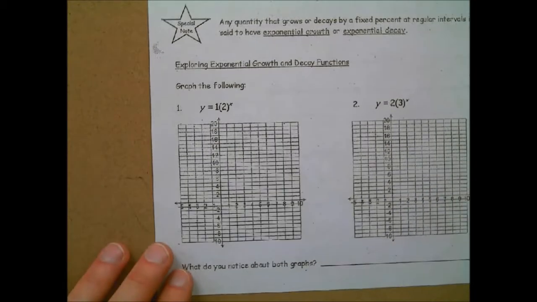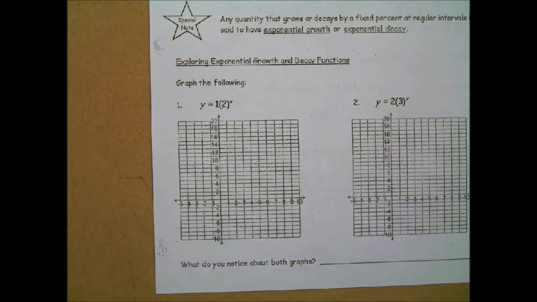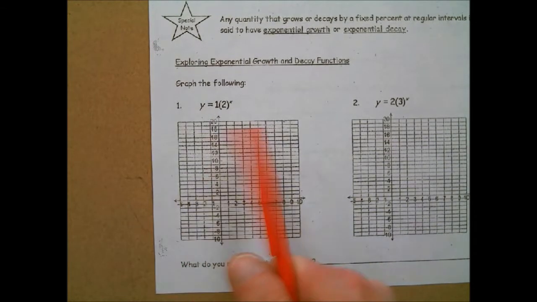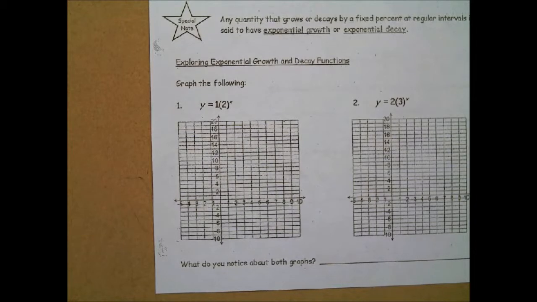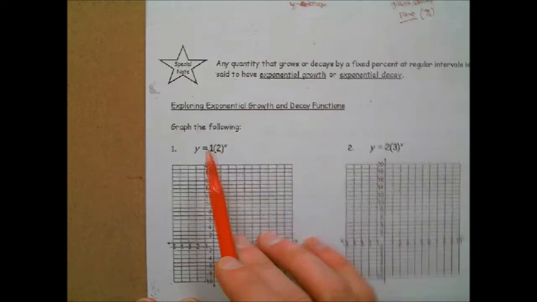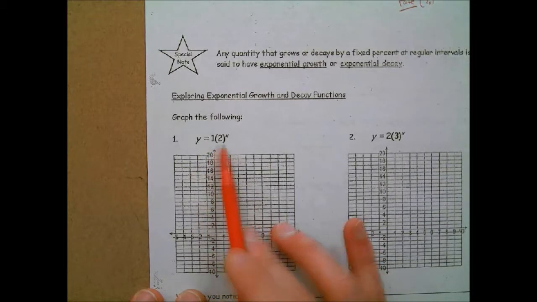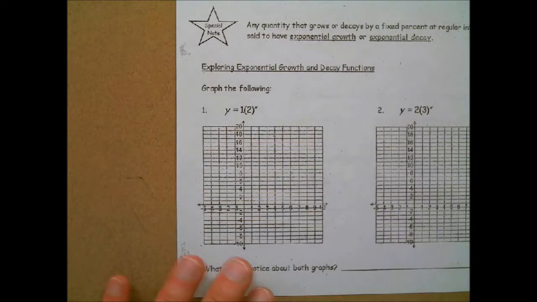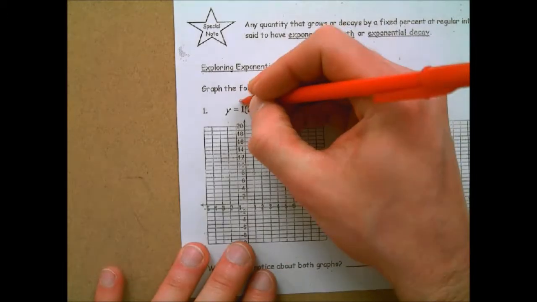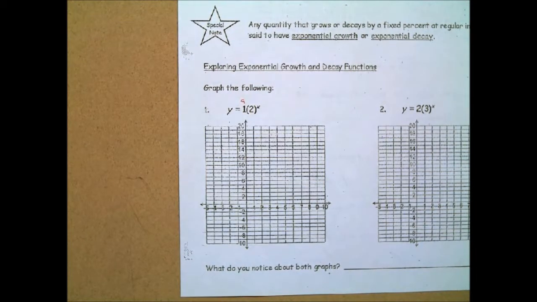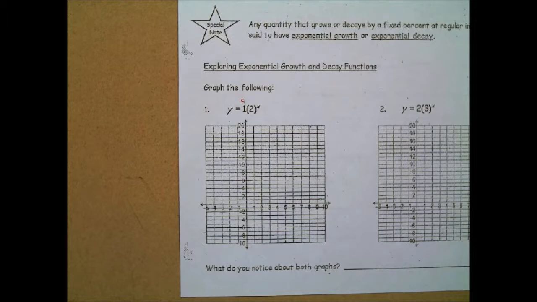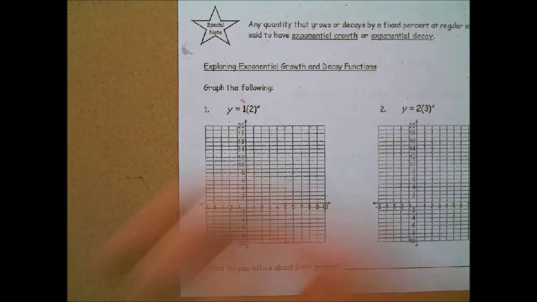Okay, let's take a look at this. So from this information, and what we just learned up here, what is our A in this situation? And number one, what's our A? 1, right? Yeah, A is 1. Okay, very good. And what is our B? 2. Okay, A is 1, B is 2.